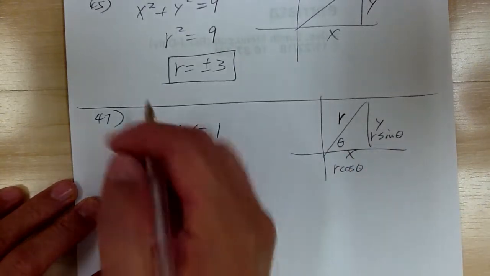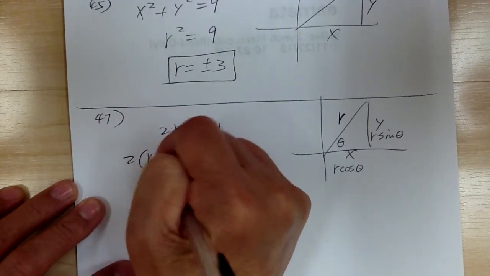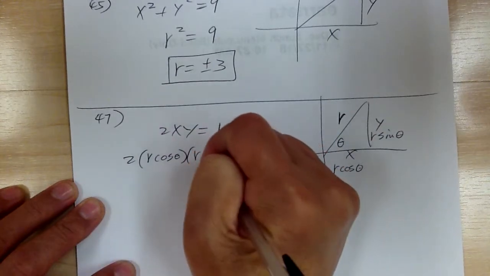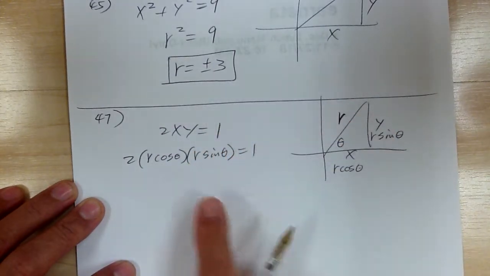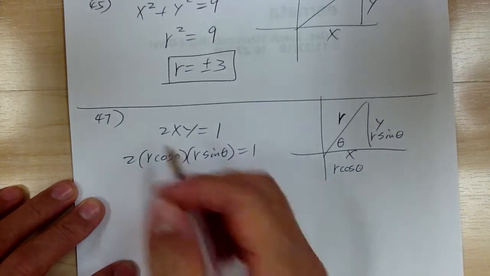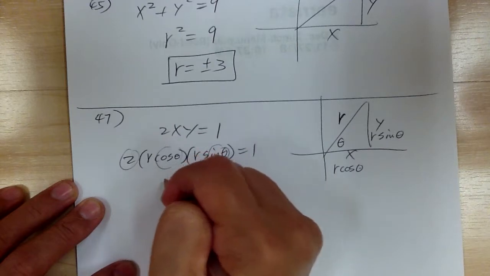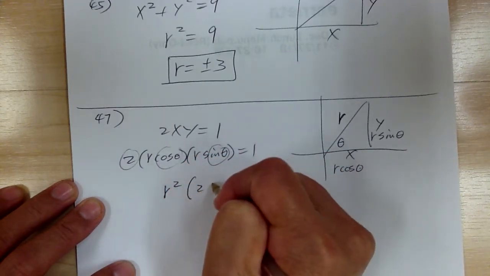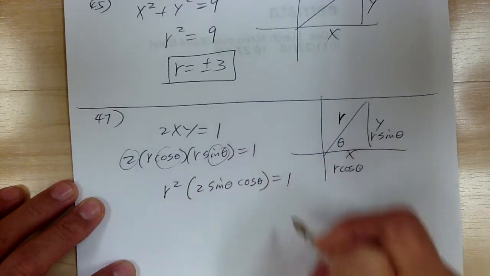Now just substitute. x is r cosine theta and y is r sine theta. When you multiply, you get 2 sine cosine, so r squared times 2 sine theta cosine theta equal to 1.